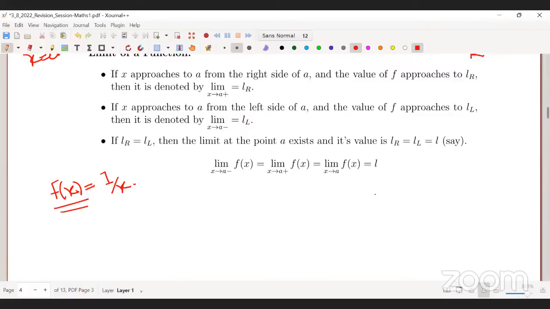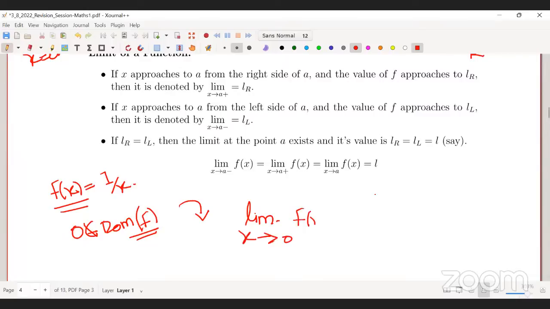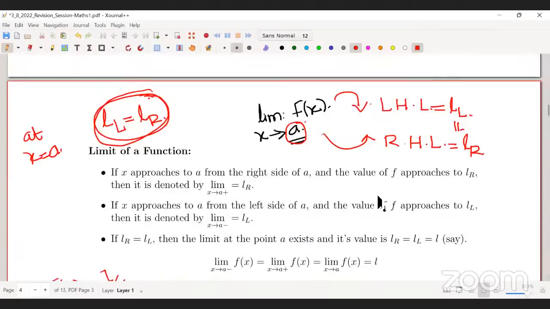So 0 is not in the domain of the function, but still I can talk about the limit of the function at 0, which basically doesn't exist. So even if this a is not in the domain of the function, still you can talk about the limit of that function at this point a.